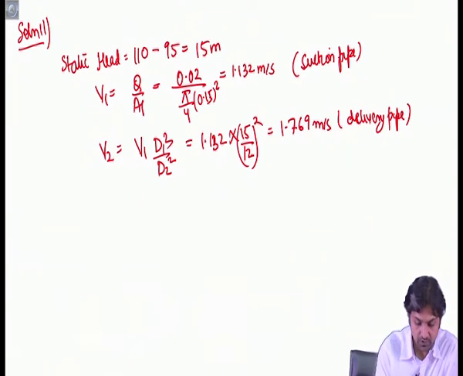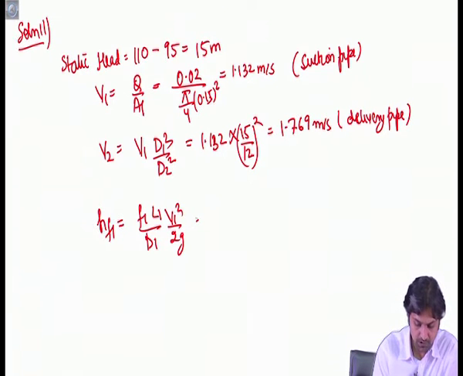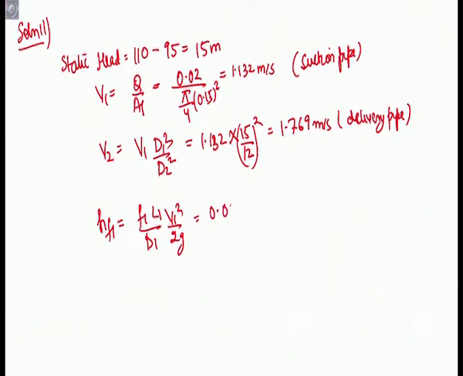Okay. So, the major loss in pipe 1 will be F1 L1 by D1 into V1 square by 2G. F1 is given for pipe 1, length is 20 meters, and diameter we already know is 0.15 meter, into V1, which we found to be 1.132, whole squared, divided by 2 into 9.81. This comes to 0.174 meter.